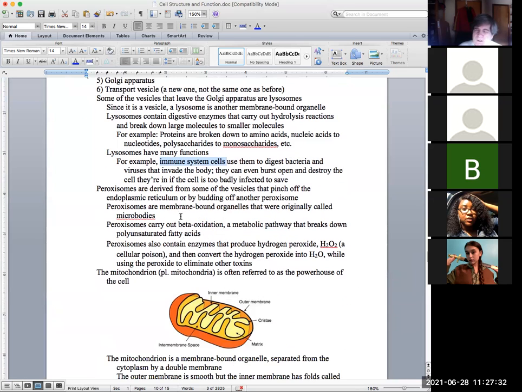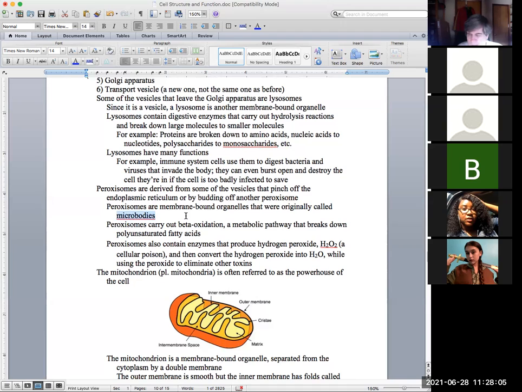Another type of vesicle we find is something called peroxisomes. And we get peroxisomes from some of the vesicles that break off the endoplasmic reticulum. Sometimes they come from another peroxisome. Peroxisomes can reproduce, they can split in half. And if you're not using our book, if you're looking at something else, peroxisomes might be referred to as microbodies.